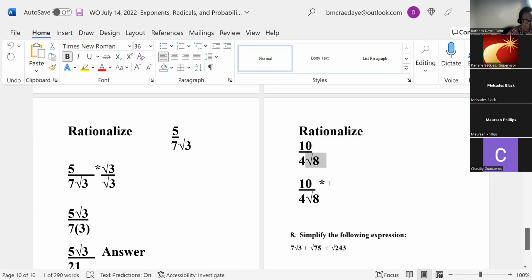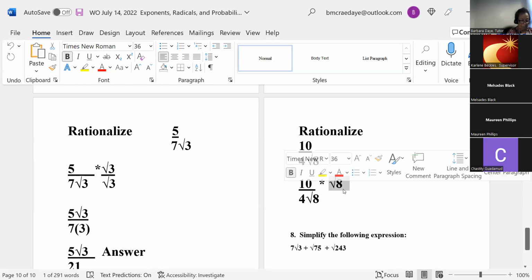And what's the next thing you do, Maureen? So at the bottom, on the 4, okay, you put 10 on the other line, radical 8. Okay, you say I multiply the numerator by radical 8.